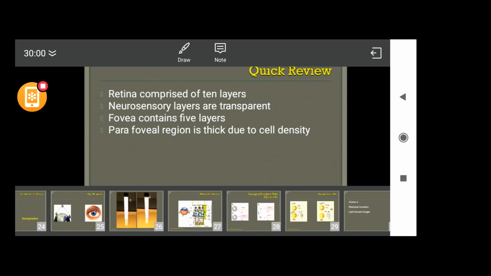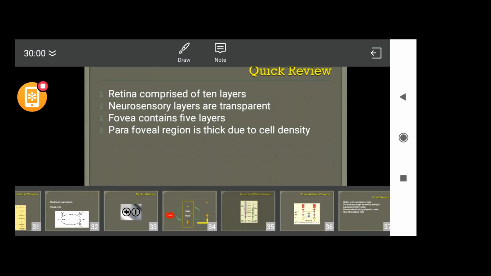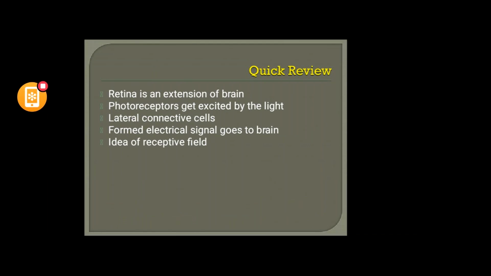Then while we discussed our third objective, what did we learn? We learned that the retina is a kind of extension of the brain that takes the visual stimulation and transmits it to the brain, so that it helps us to see. Photoreceptors are the main source of this excitation. As the light falls, it converts the light signal to an electrical signal, and sends the impulse to the brain through the optic nerve.